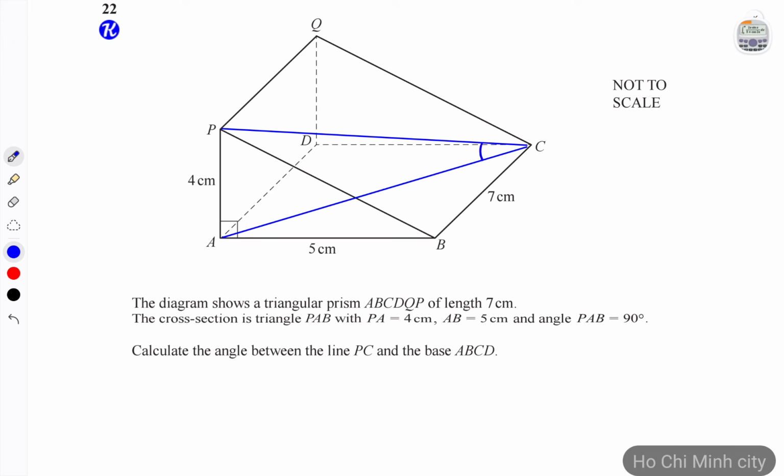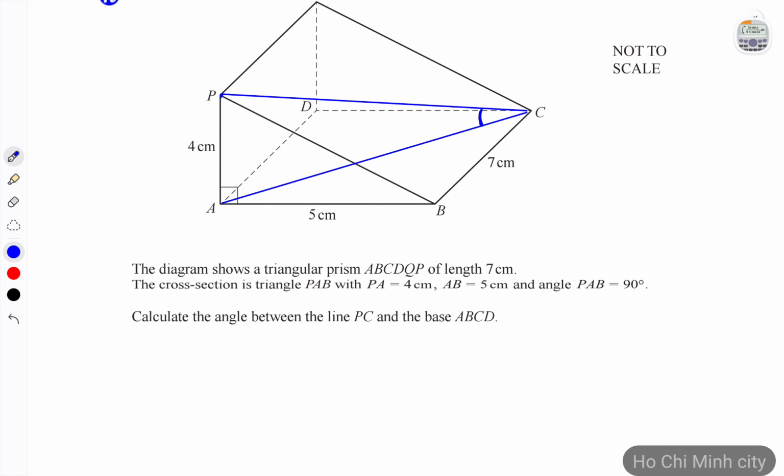We have to work out this angle. Because PA is perpendicular to the base, the angle between them is the angle PCA. So now we have to work out this angle.